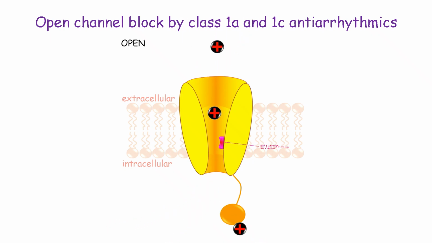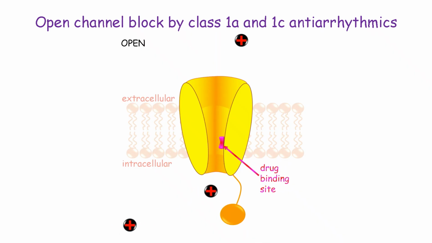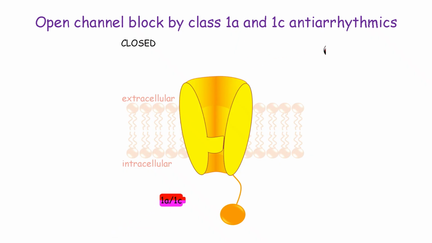Importantly, channel opening also exposes a binding site near the cytoplasmic end of the pore. This site becomes accessible only when the channel is open. At this point, a class 1A or 1C drug molecule which has entered the cell can bind to the open channel from the inside.